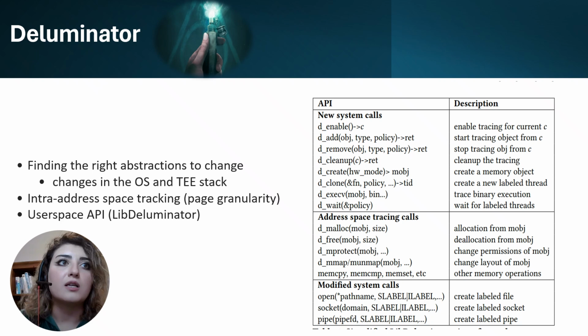So we have the intra-address space tracking, which is essential for proper monitoring, and also libDeluminator, which provides a wrapper around all of these system calls to provide an easier way of interacting with the system.